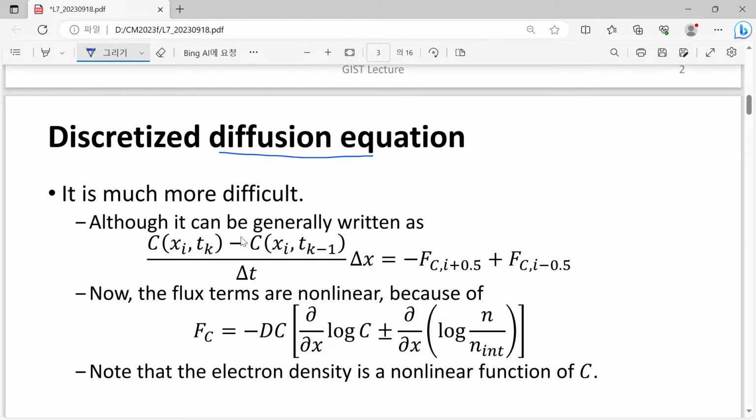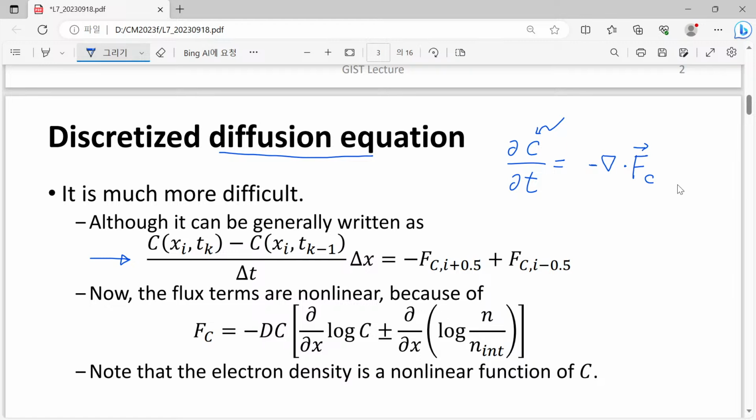Although the diffusion equation can be written in this form in general, the time derivative of our concentration is related with the flux of C, and there is a minus sign.